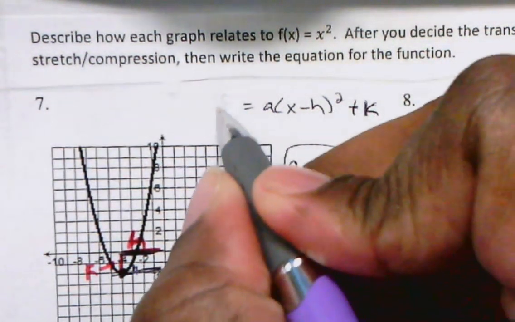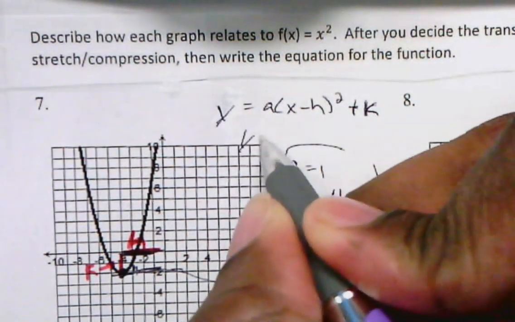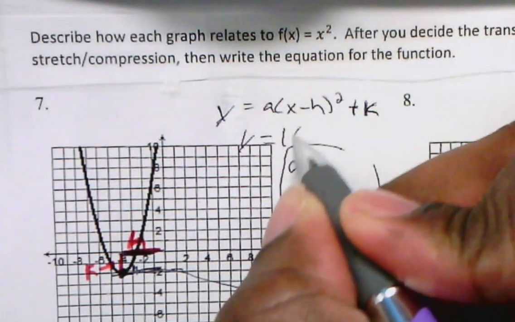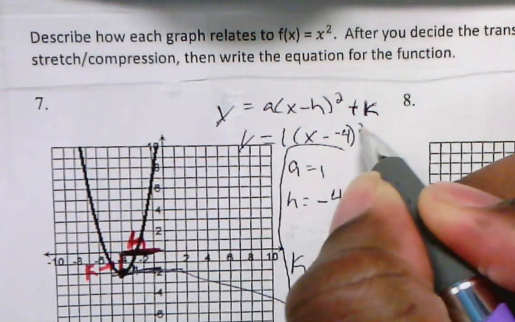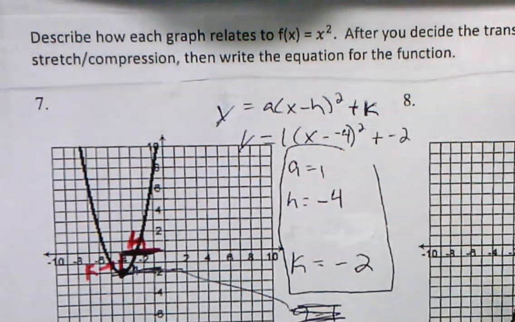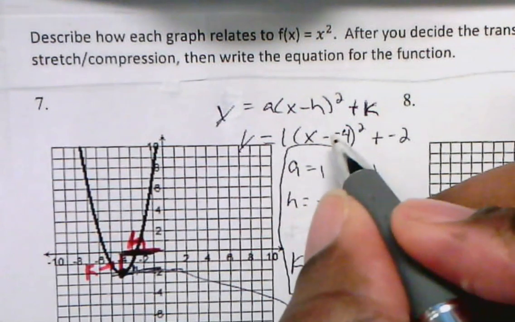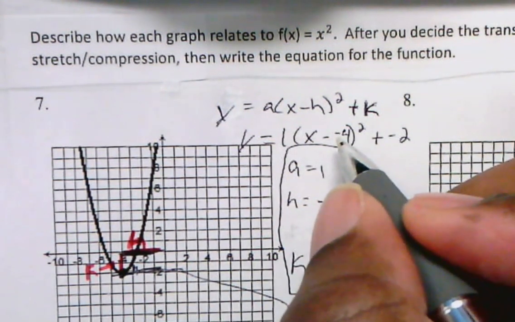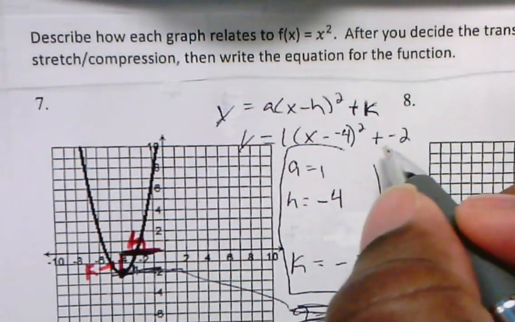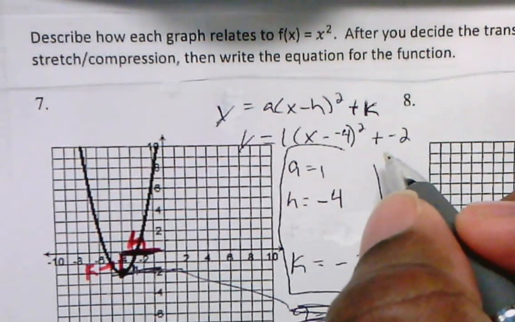So I can write the equation. Now y equals 1(x take away negative 4) squared plus negative 2. Truth be told, I really wouldn't write negative. A mature algebra student would call that positive, and I wouldn't say plus and negative anymore. I'll call that subtraction.